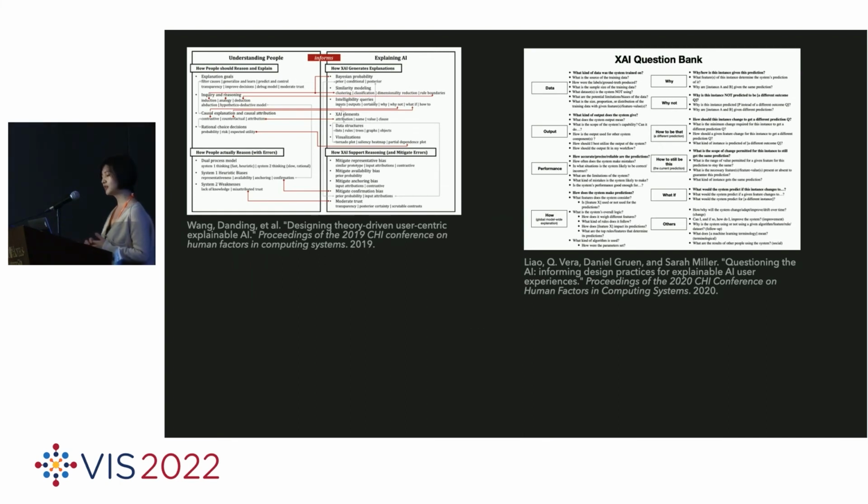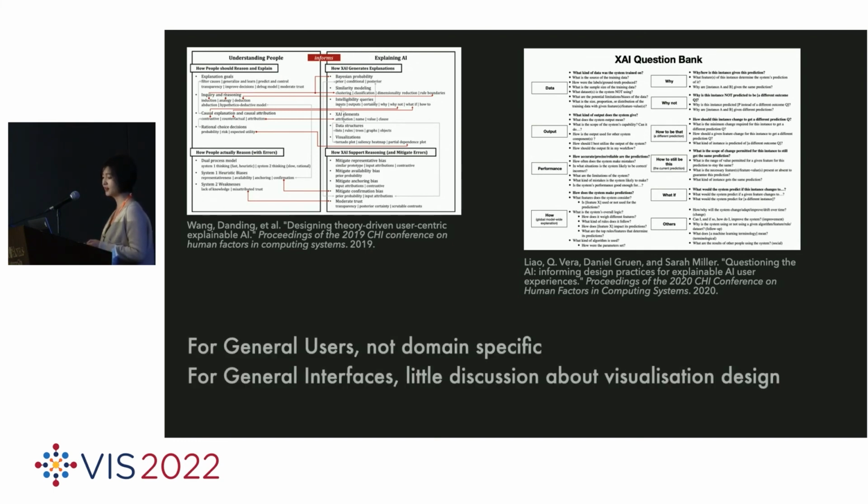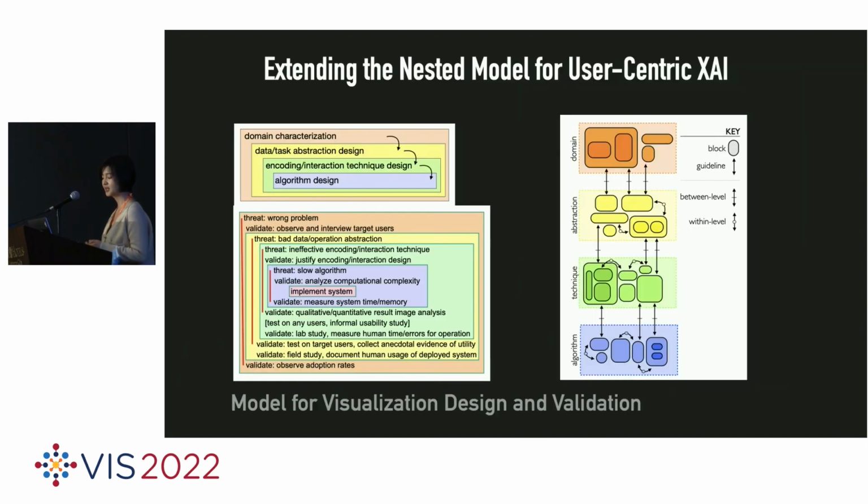Some recent studies have investigated the integration of XAI considerations into the user interface design. However, they are designed for general users and provide little discussion about visualization design. On the other hand, designing visualization for domain-specific problems is a well-studied topic in the visualization community.